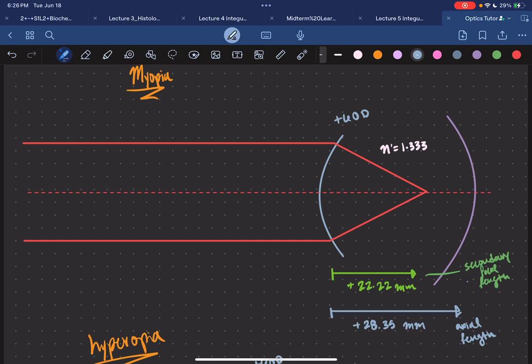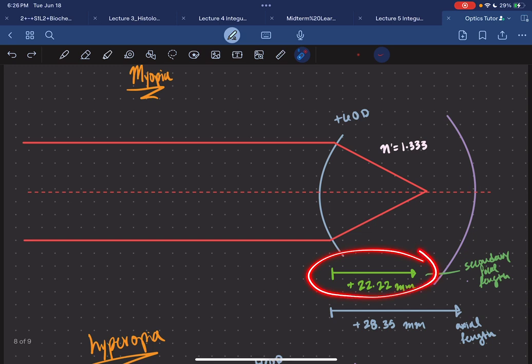But basically, we already know that for 60 diopters, the focal length is this.